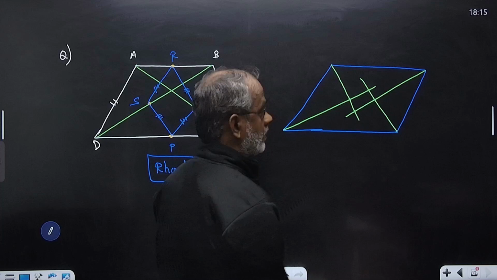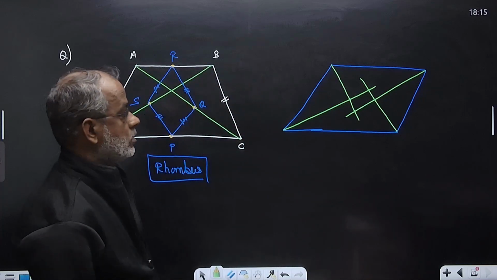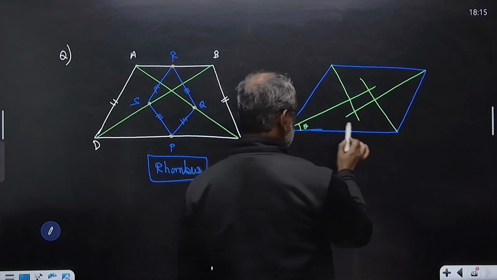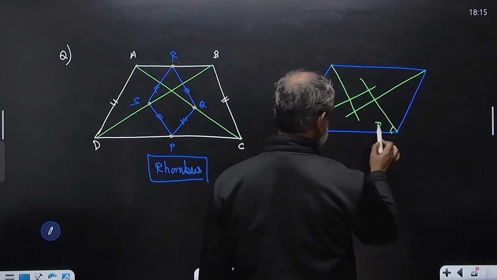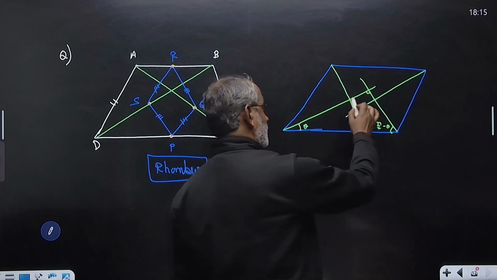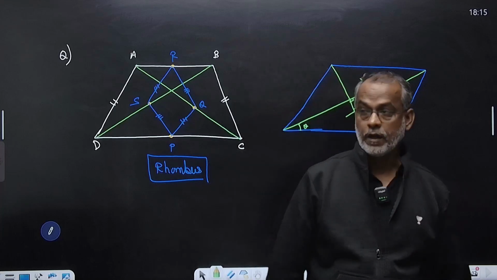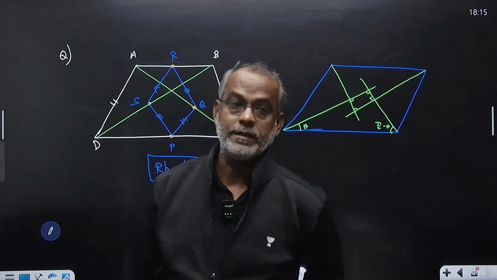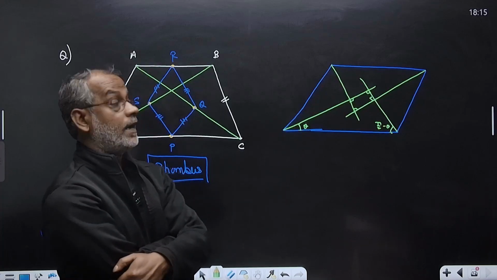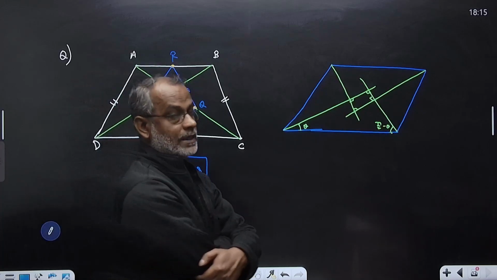What is the figure that they are forming? I think you can understand, if this is theta, this is pi by 2 minus theta. So this is 90. Similarly, all the angles are 90. So angle bisectors of a parallelogram, what do they form? They form a rectangle, isn't it?